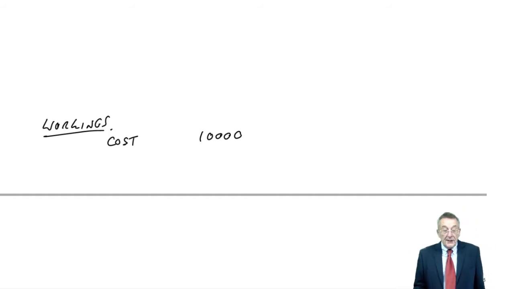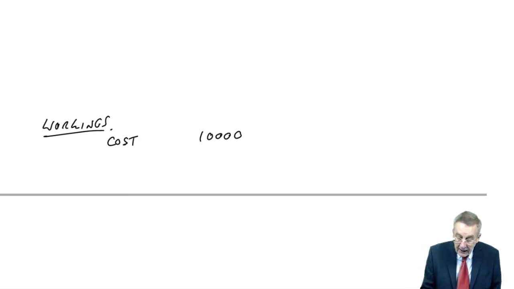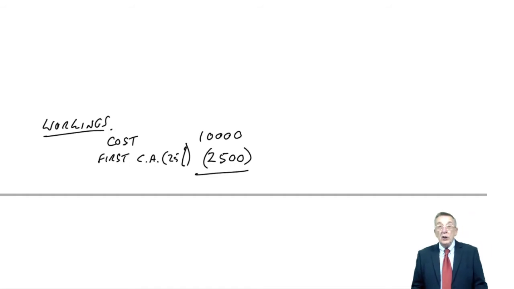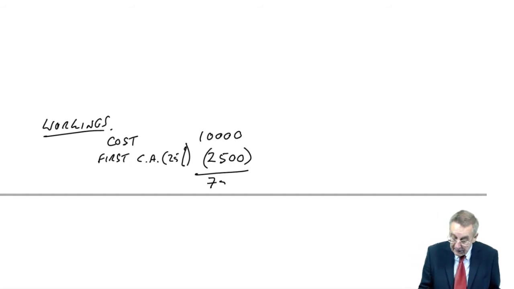The capital allowances, it says 25% reducing balance. So the first capital allowance, 25% of 10,000 is 2,500, leaving a tax written down value of 7,500.